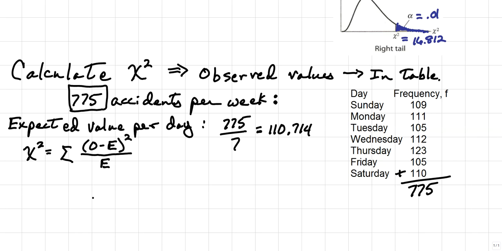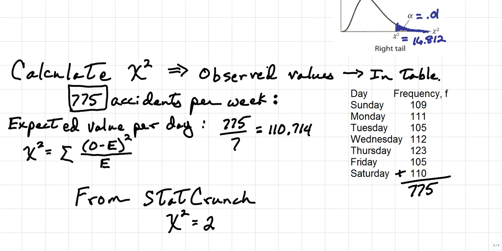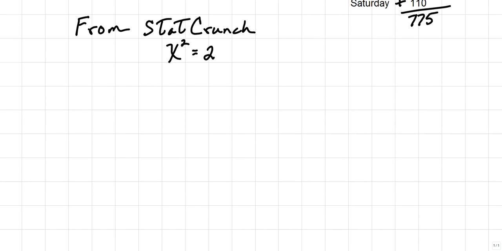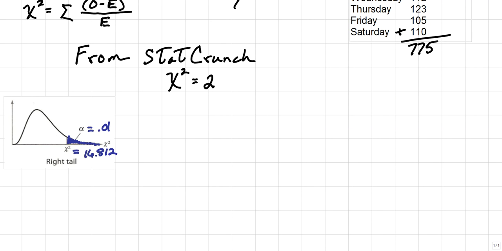So now that we know that chi-square from StatCrunch is 2, we can finish the problem, because we need to decide, based off our initial assumption, whether we reject the null hypothesis or fail to reject it. Since our chi-square value is 2, that's going to be somewhere way down here, and that falls squarely in the fail to reject region.